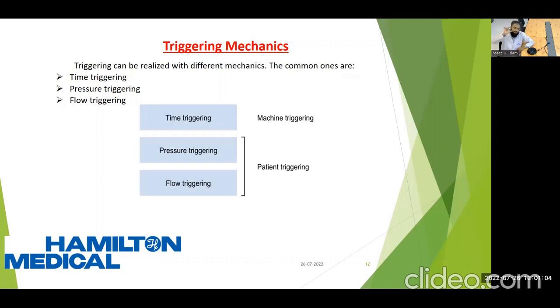So these are the three types of triggering. Time triggering is specific only to the mechanical ventilator, and pressure triggering and flow triggering relate to the patient side.